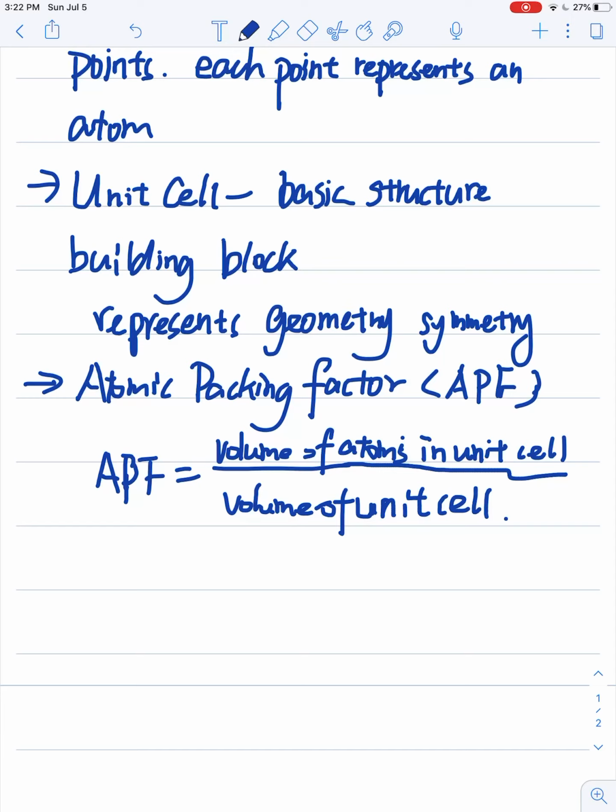To calculate the volume of the unit cell, you just need to know the length of the side of the unit cell, and cube that number, and you will get the volume. We can talk about more details about how to calculate APF for different crystal structures later.